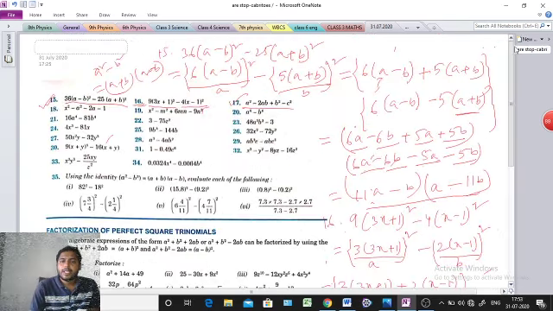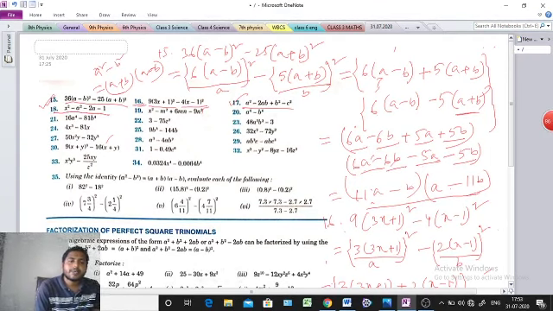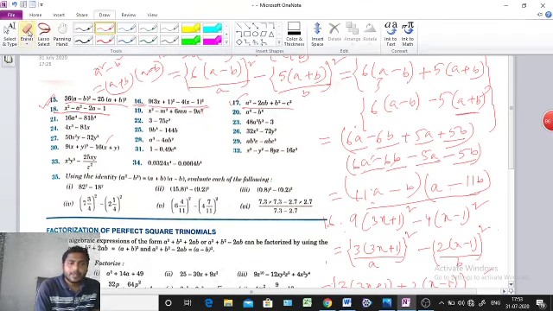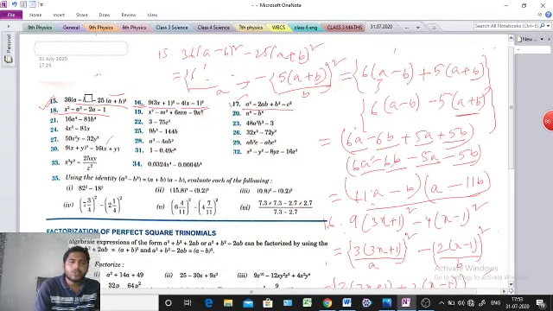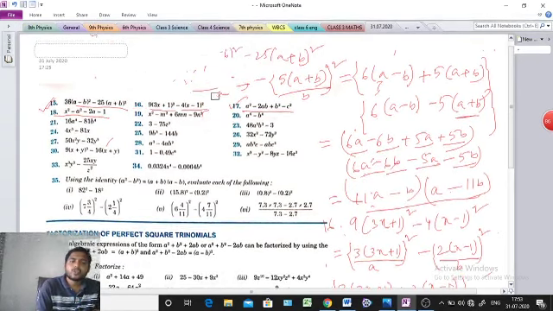Next, question number 18. Question 18 is telling x square minus a square minus 2a minus 1. This is the question. Very, very important question. What to do, sir? Try this one. At first write the question, and a little formula is there inside the question.